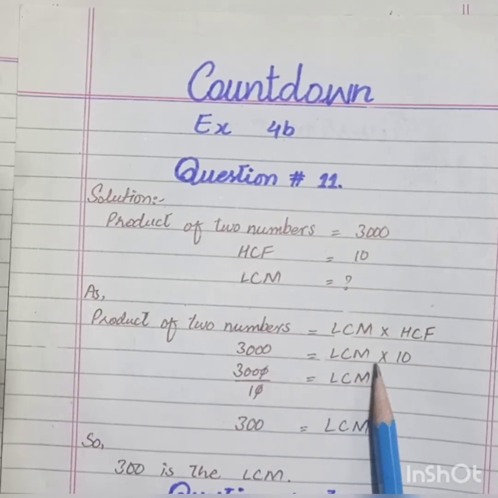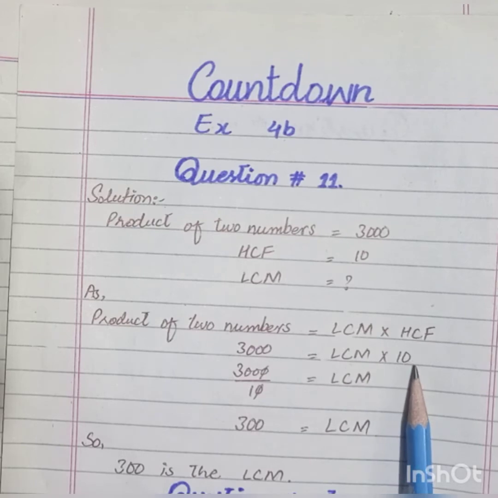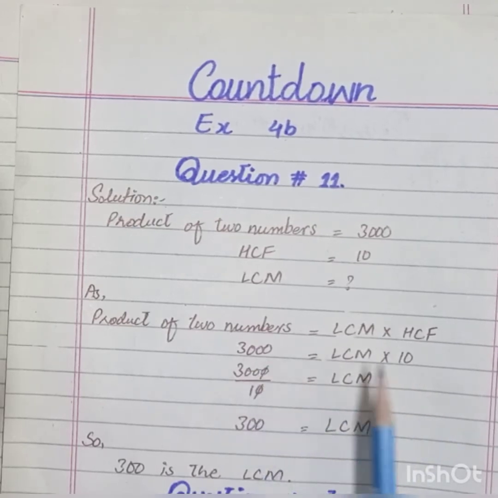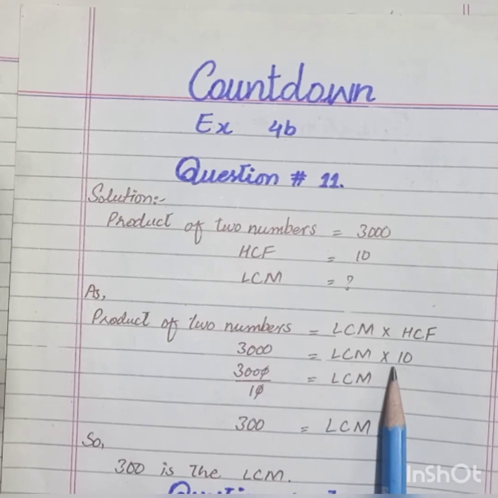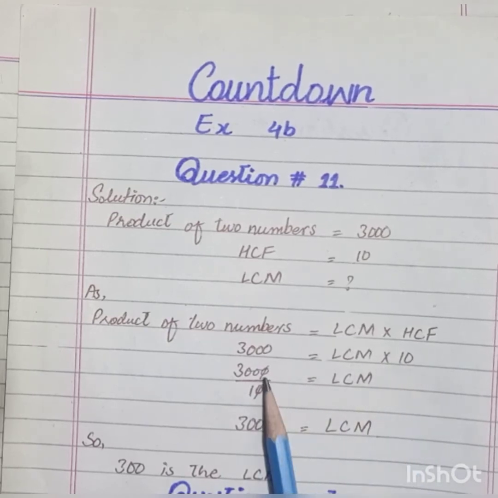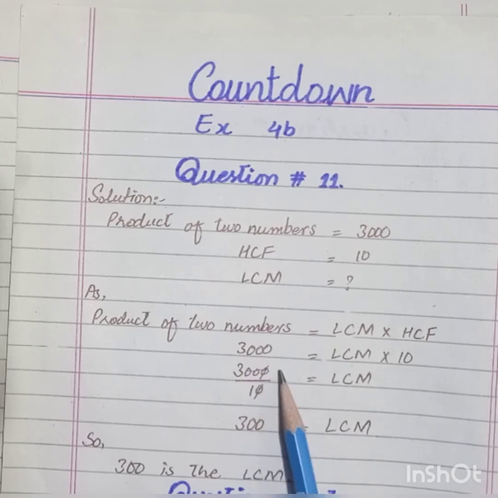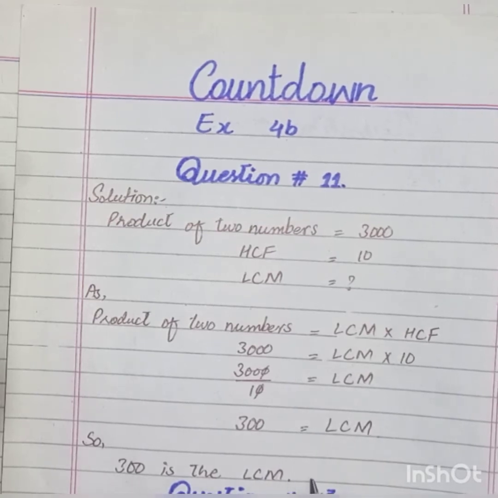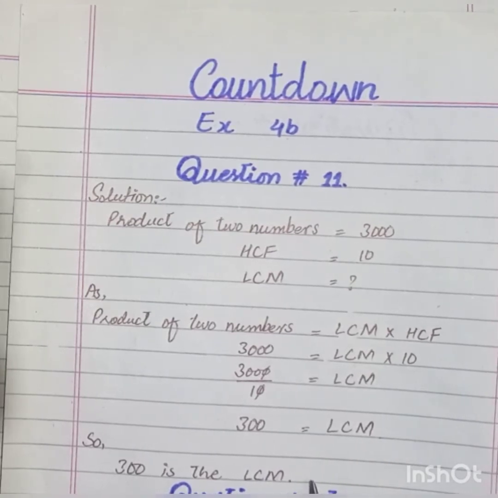It will remain the same. Multiply by highest common factor, 10. So let's simplify it. 3000, the value 10 is multiplying here and on this side it will divide. 0 will be cancelled by this 0 and 300 will be the remaining answer of least common multiple. So students, 300 is the least common multiple.